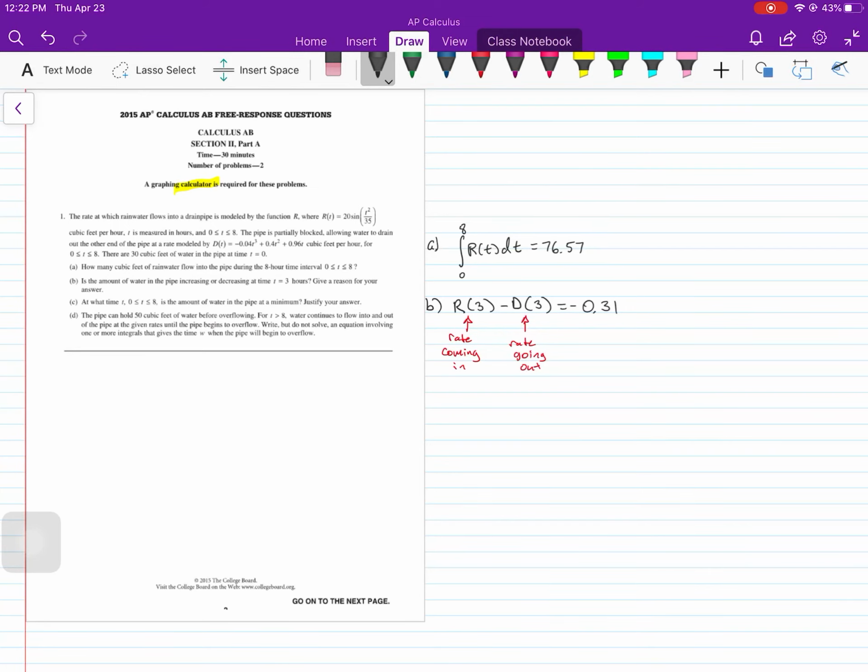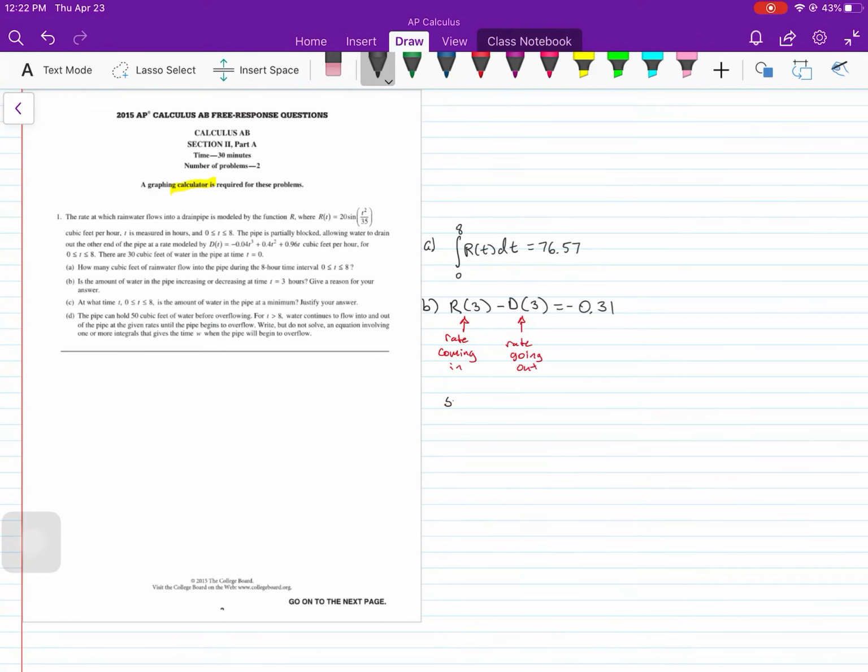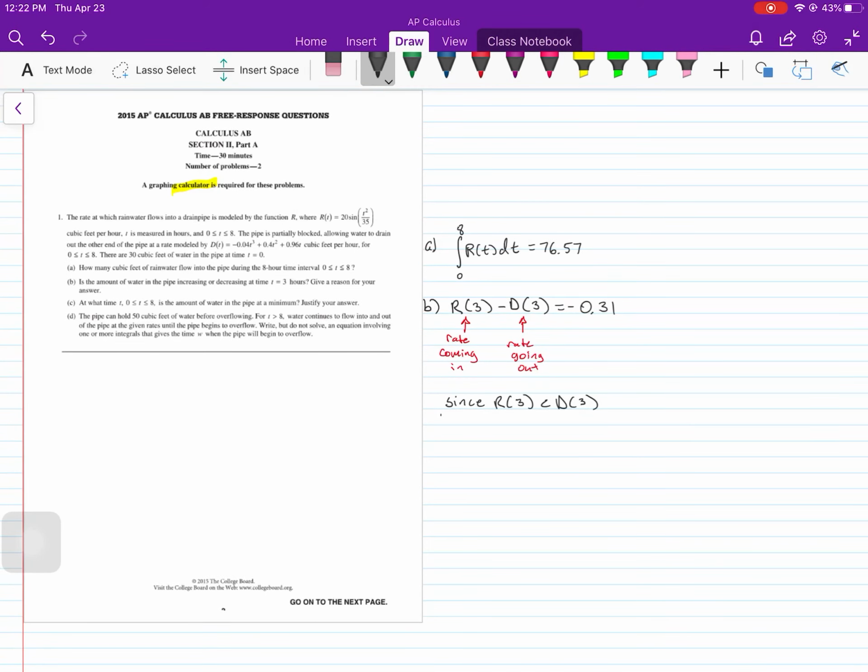Therefore, since r of 3 is less than d of 3, the amount of water in the pipe is decreasing.